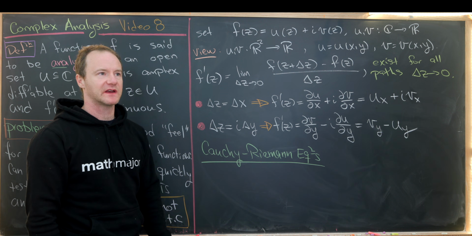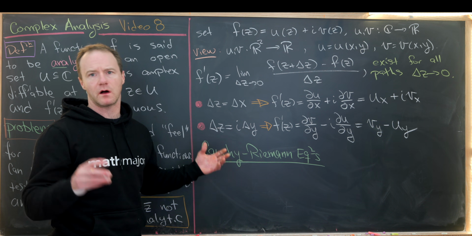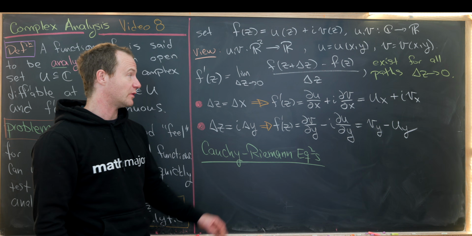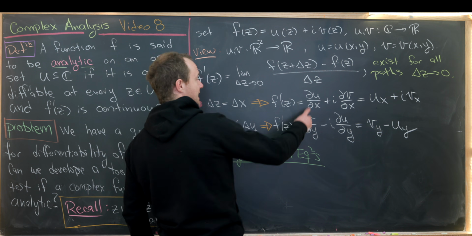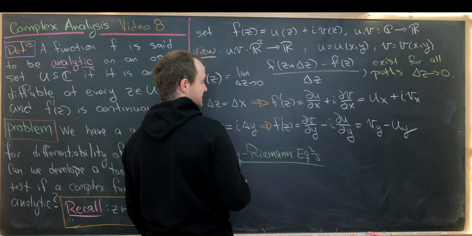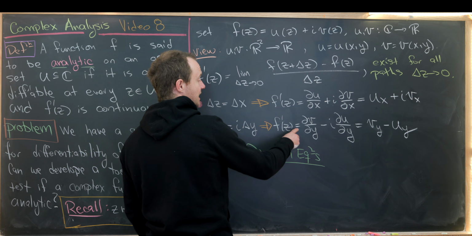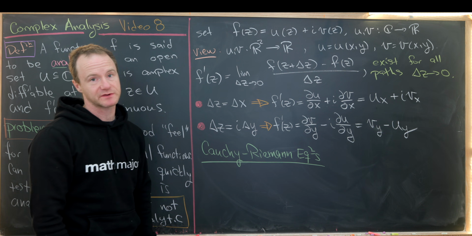So we just came up with a nice result. If f was analytic, we could calculate its derivative along two paths, and we got two different versions for its derivative. On the one hand, it was the partial of u with respect to x plus i times the partial of v with respect to x, but on the other hand, it was the partial of v with respect to y minus i partial u with respect to y.